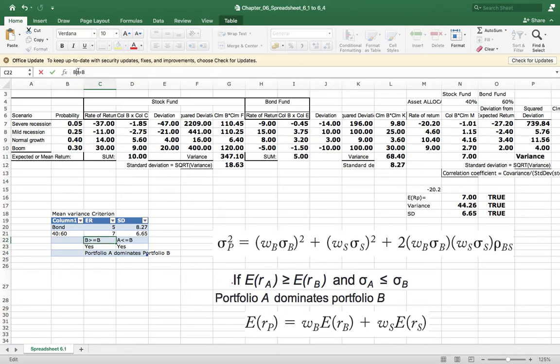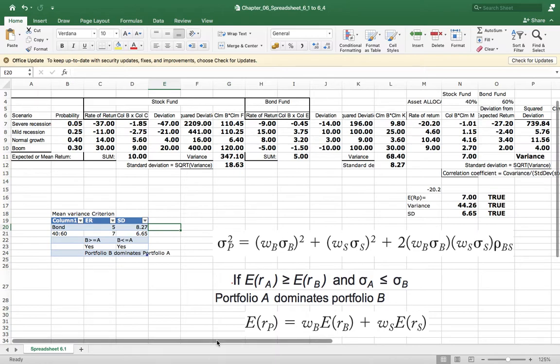Why? Because portfolio B's return is greater than portfolio A's return, and portfolio B's standard deviation is less than portfolio A's standard deviation. In this case, return is higher and standard deviation is lower, so you can say portfolio B dominates portfolio A. Alright students, in this case we can say portfolio B dominates portfolio A as per the mean variance criterion.